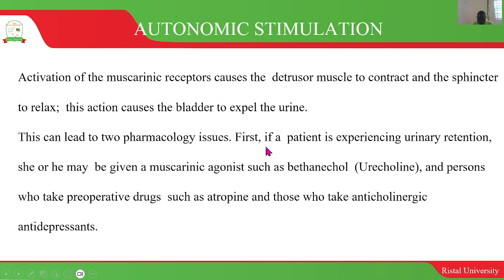So if the autonomic function is impaired and the patient experiences urine retention, we give a muscarinic agonist. Agonist means something that supports the action of muscarinic agents, and the drug that does that is bethanechol. And when we give this drug, normally it should relieve the patient and allow them to pass urine.